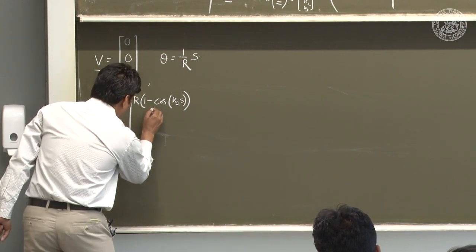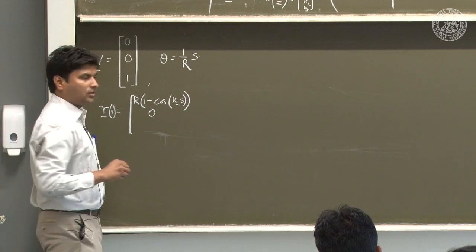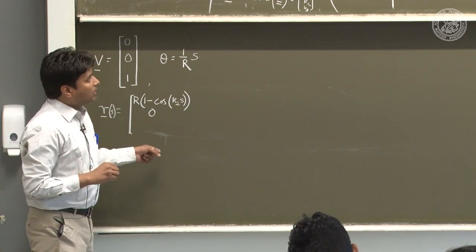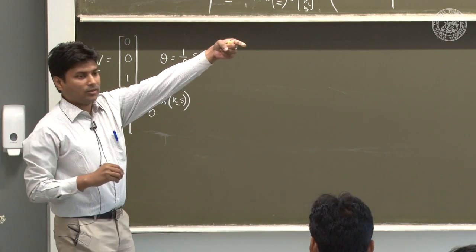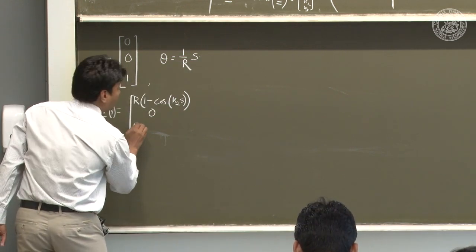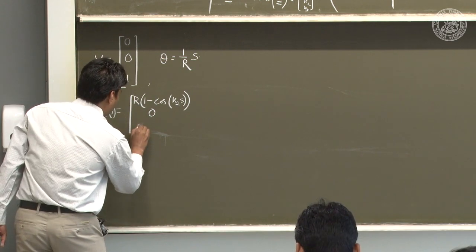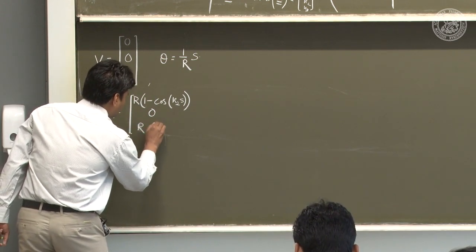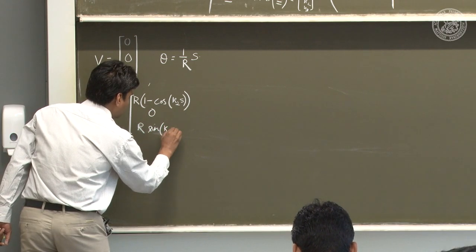The third component is big R times sine of K2 times S.